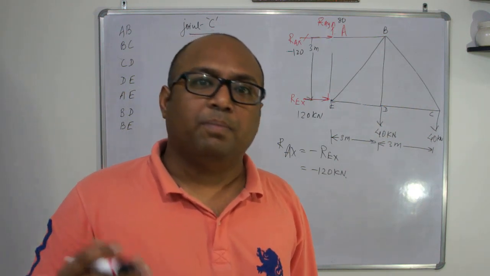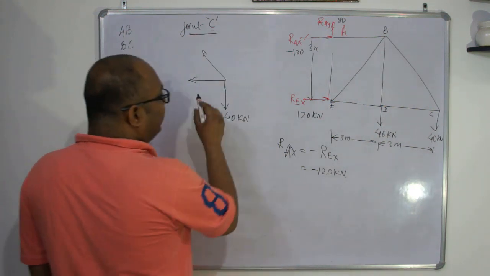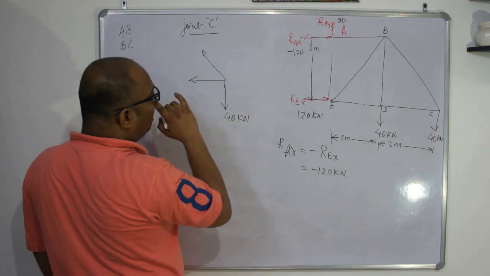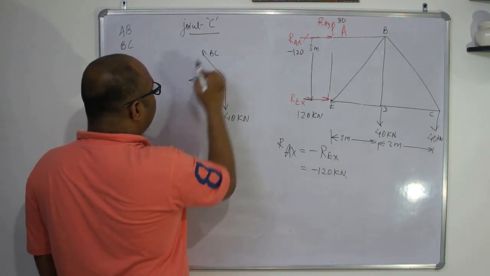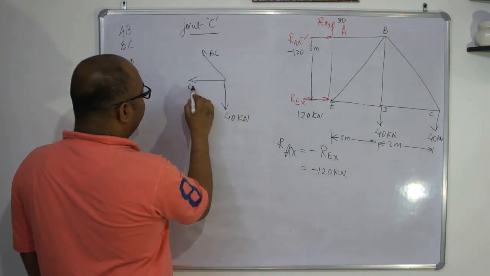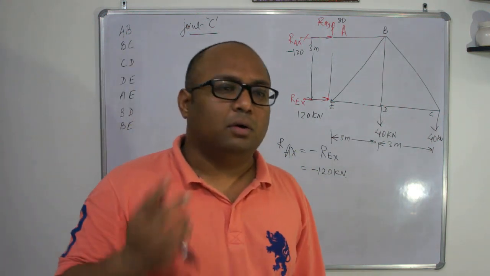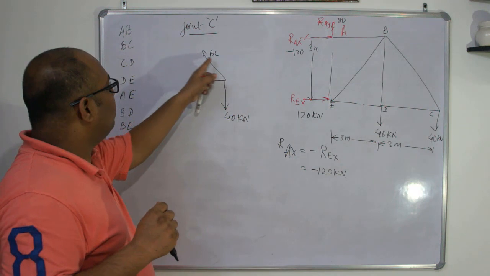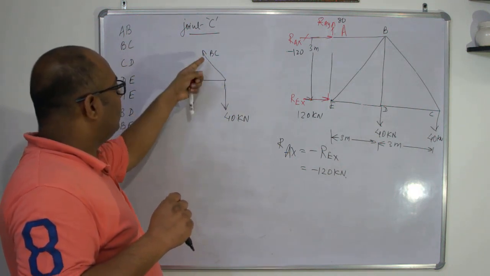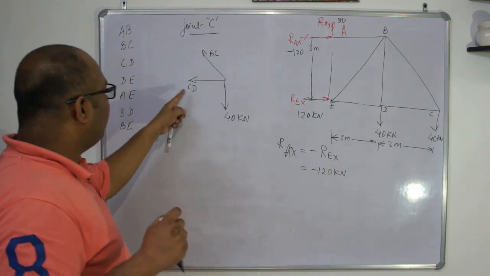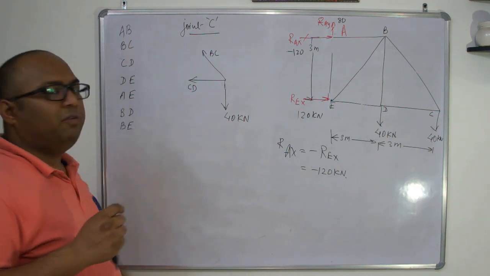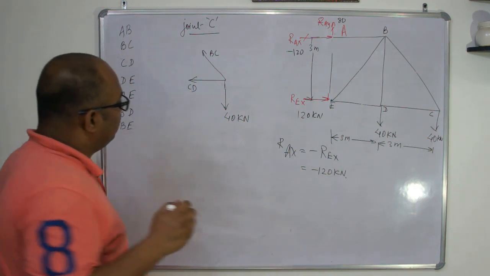So now let us try to find the force. This is BC and this is CD. The naming I am doing in alphabetical order. You can also write CB, but it's your choice. Normally I follow the alphabetical order way of writing the unknowns.